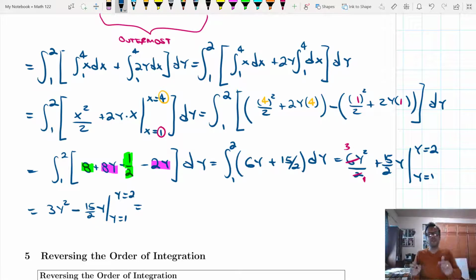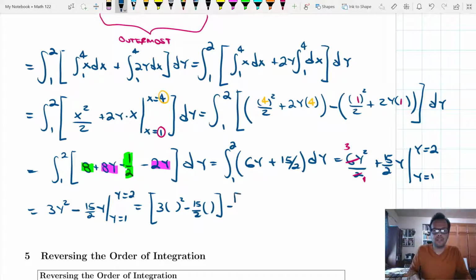Okay, let's apply the fundamental theorem of calculus here. So 3 times quantity squared plus 15 over 2 times quantity, minus 3 times quantity squared plus 15 over 2 times quantity.